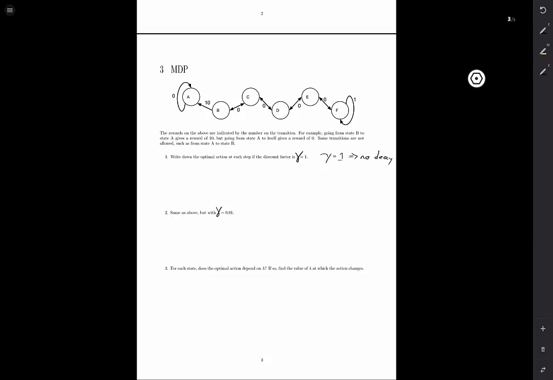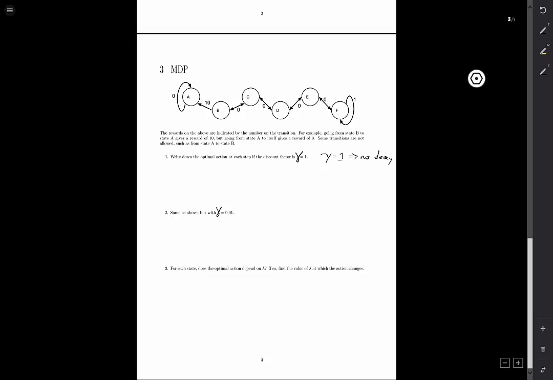If we look at this board, basically everything gives 0 except this 10 and this 1. Since we're playing for all time, from t equals 0 to infinity, we'd want to be in state F and just keep getting this 1 forever. Just 1 plus 1 plus 1 all the way to infinity.